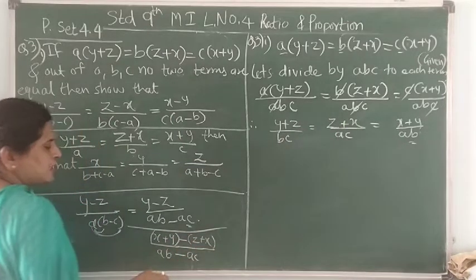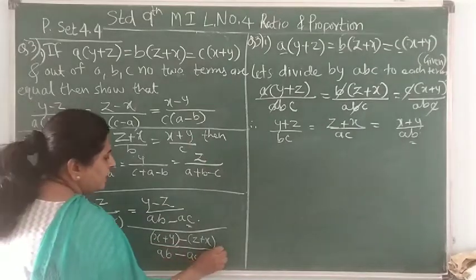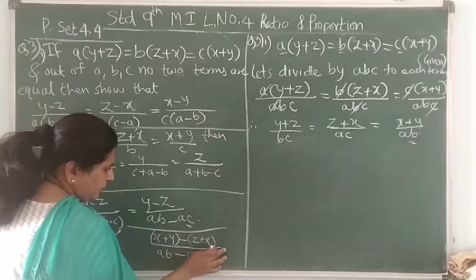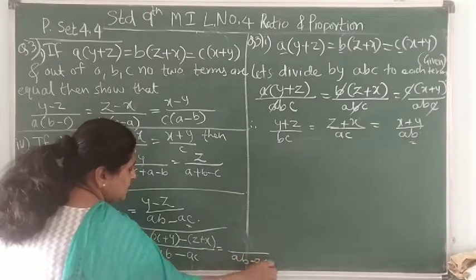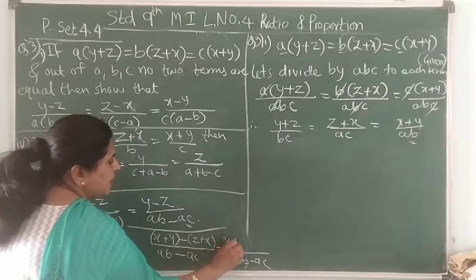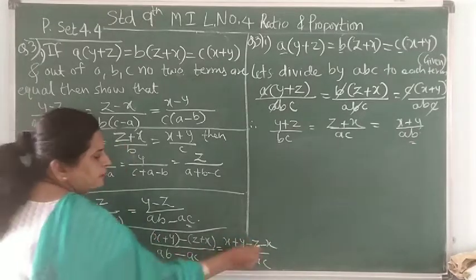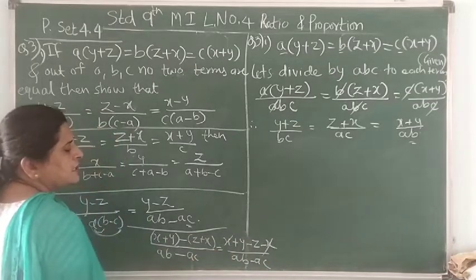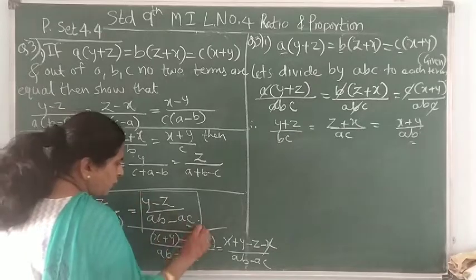So we are subtracting the second term from the third term. We get AB − AC in the denominator, and in the numerator x + y − z − x. Simplify, minus x plus x will cancel. So we get y − z, which is what we wanted.